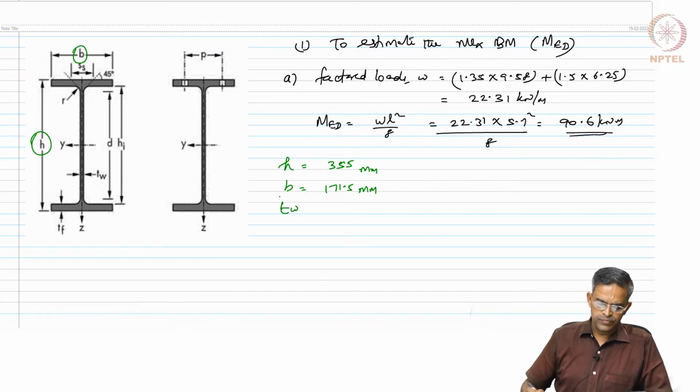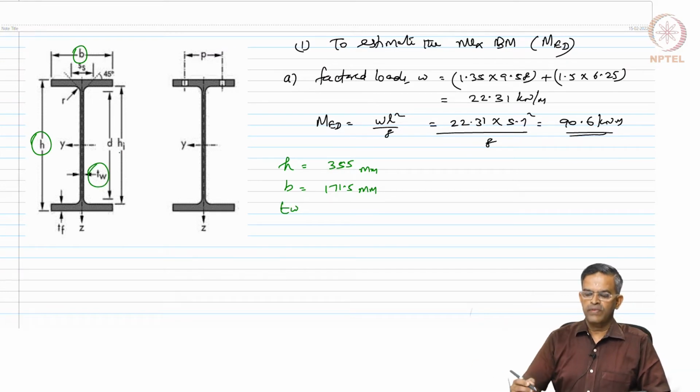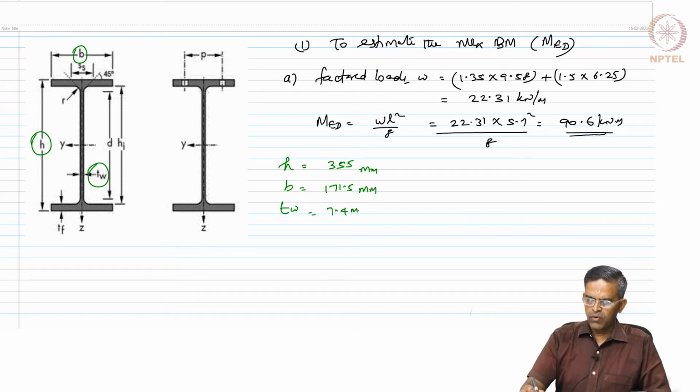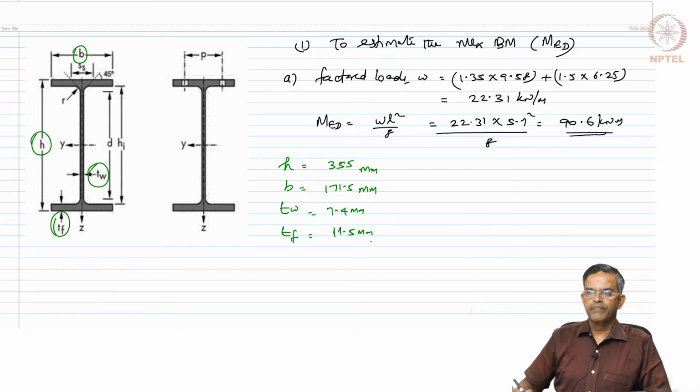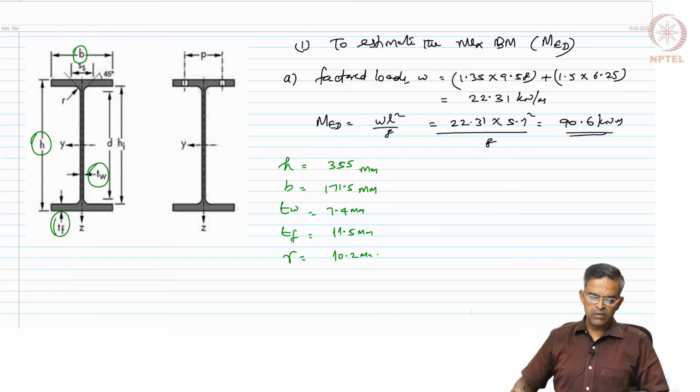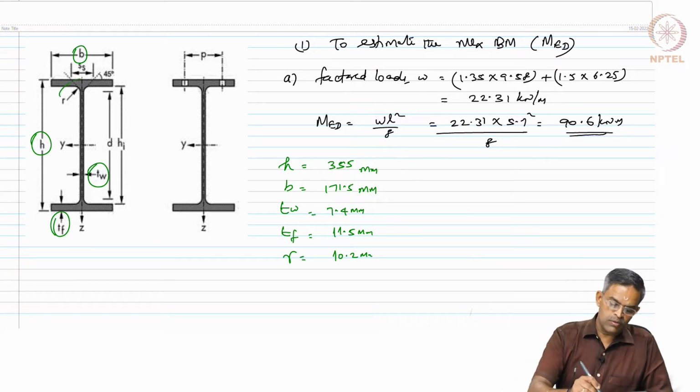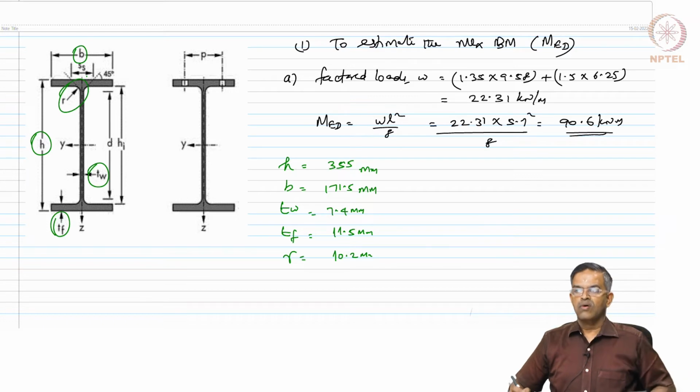TW, the thickness of the web, is 7.4 millimeter. TF, thickness of the flange, is 11.5 millimeters. R is 10.2 millimeter, which is actually the radius of curvature being used for fabricating the ends of this rolled steel section.